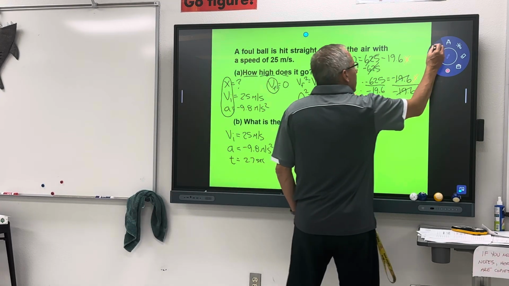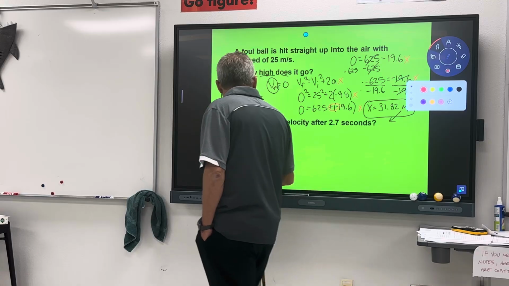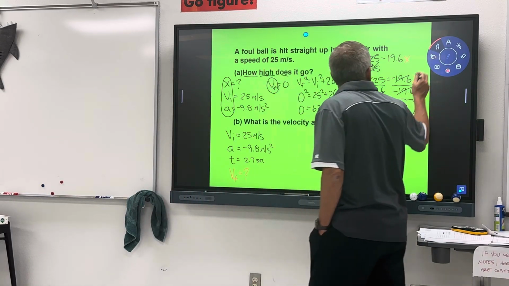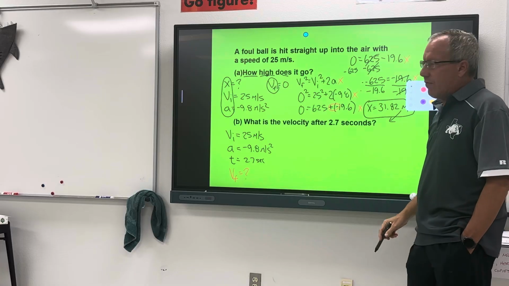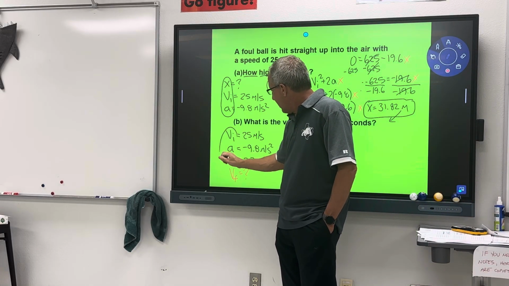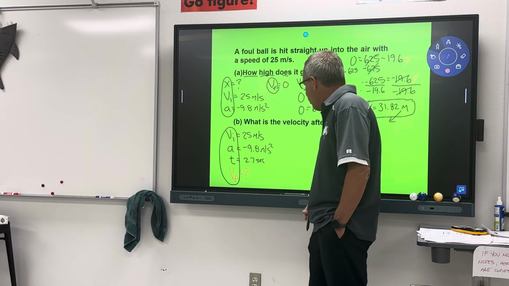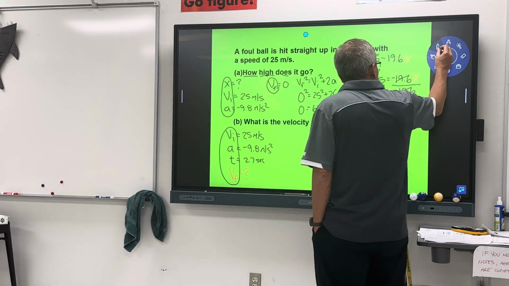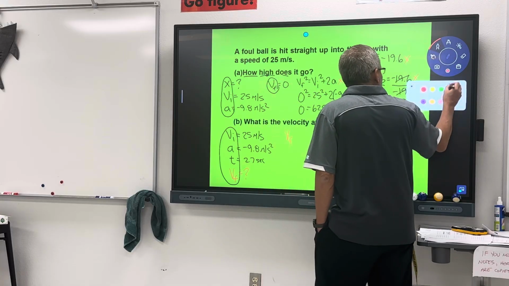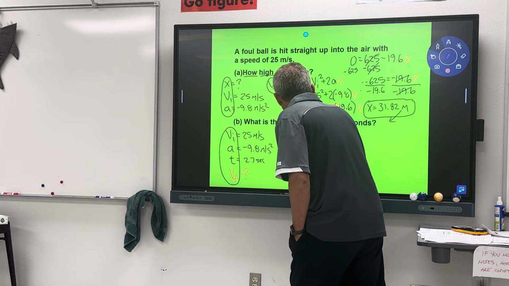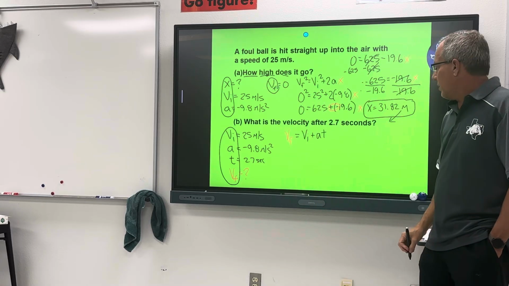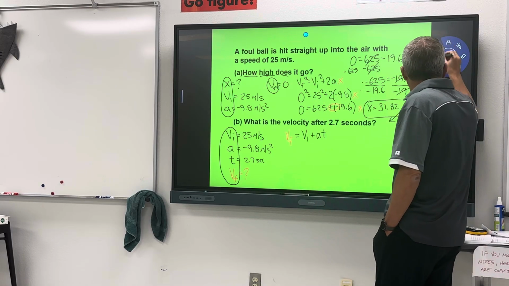It is asking to solve for the final velocity equals question mark. All right, then we ask ourselves, which equation has initial velocity, final velocity, acceleration, and time? We note that final velocity equals initial velocity plus acceleration times time, with the velocity we're solving for here.